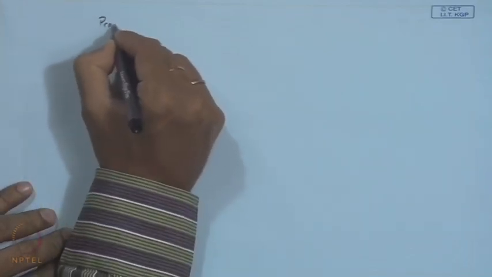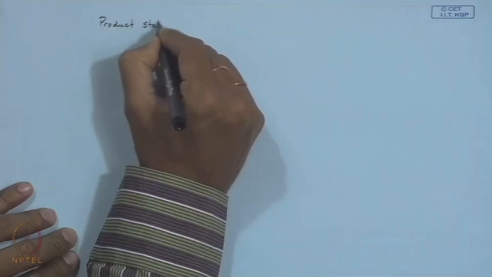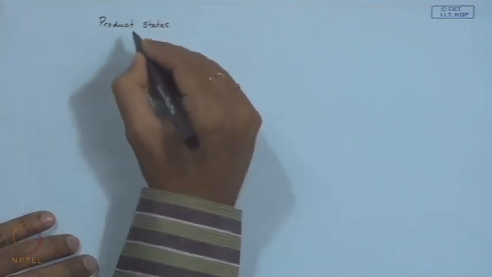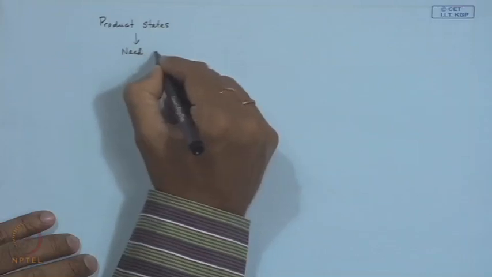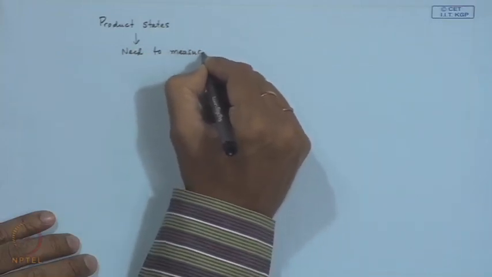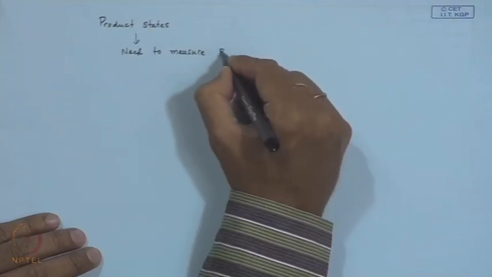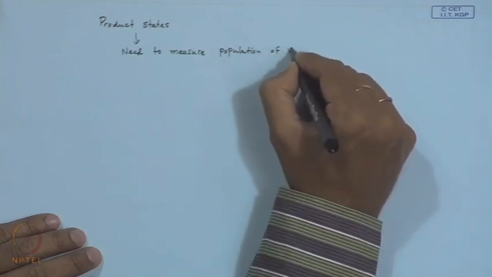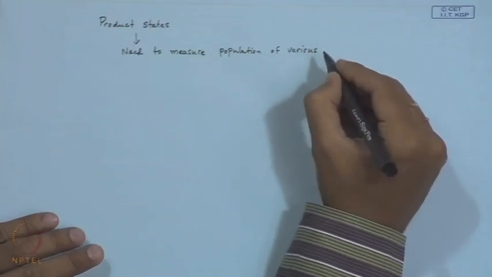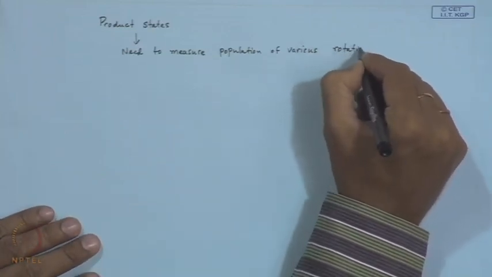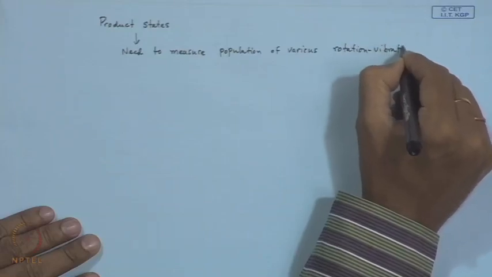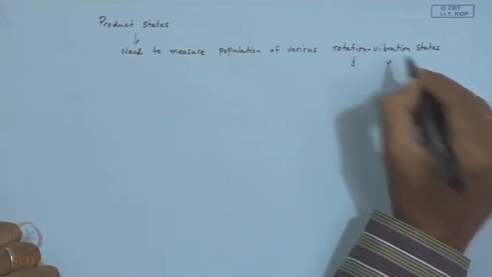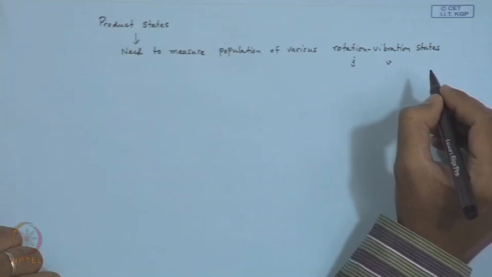Next is product states. We may need to measure populations of various rotational and vibrational states, characterized by J and V numbers, in the products.